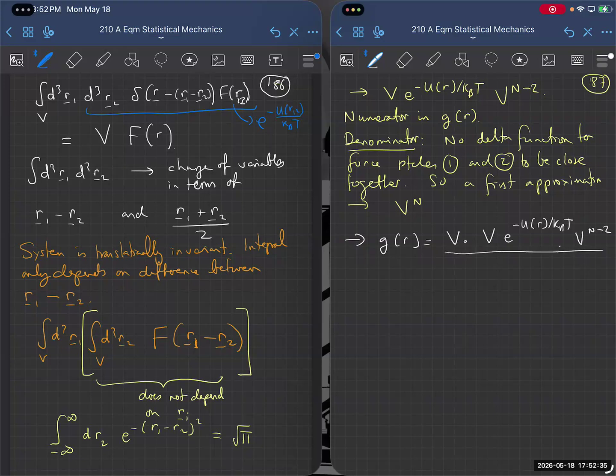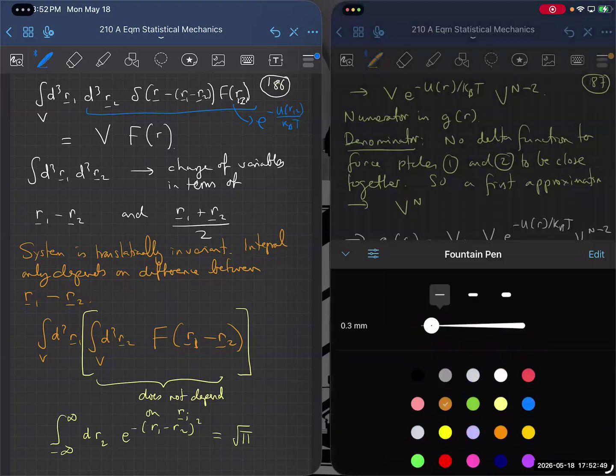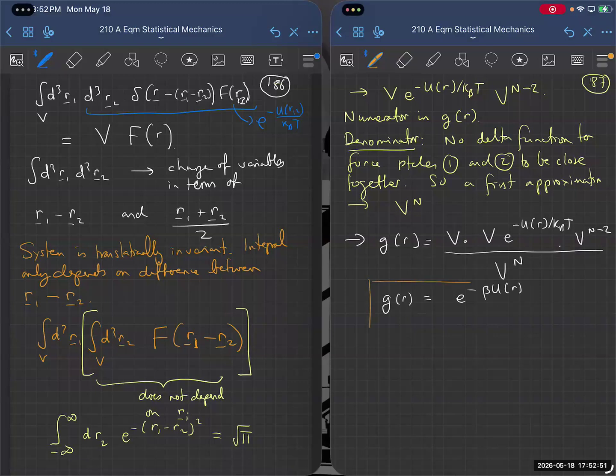And the denominator is, roughly speaking, v to the n. And so therefore I get that g of r is basically e to the minus beta times u of r. And that is definitely quick and dirty, but it's pretty much a really good approximation.